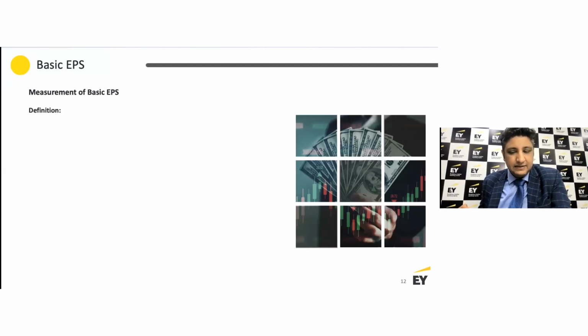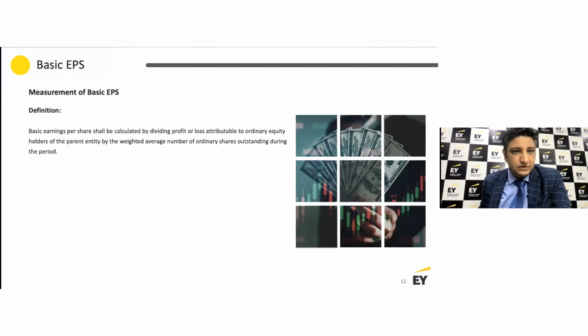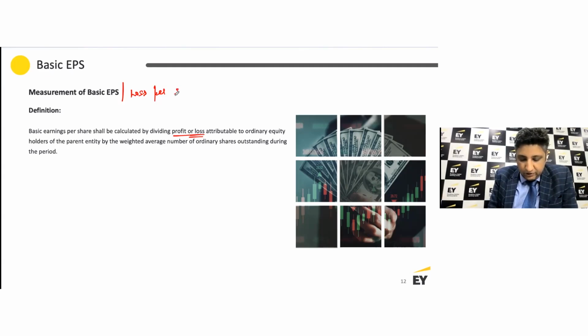The way of calculation of the basic EPS will be, what is your profit or loss, right? Needless to mention, when I say profit, I intend to also cover loss. So there could be an EPS or a loss per share as well. So need to be reading that in the same context.